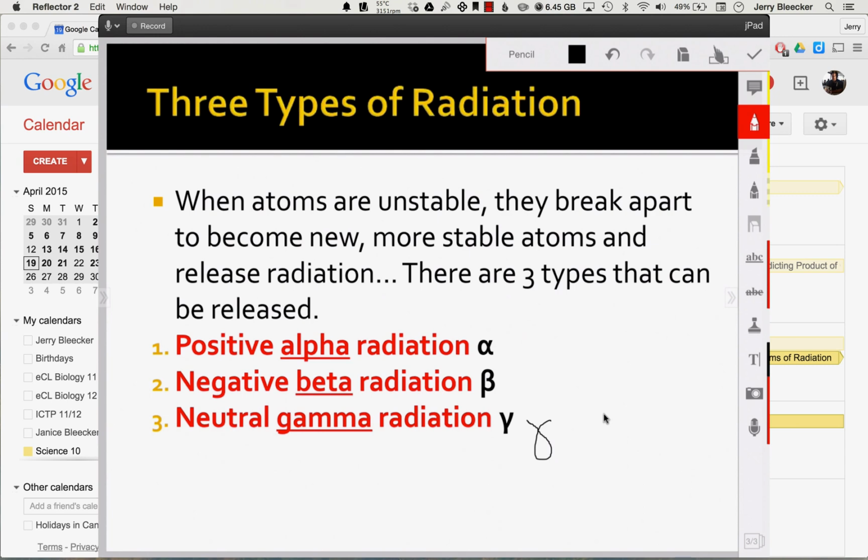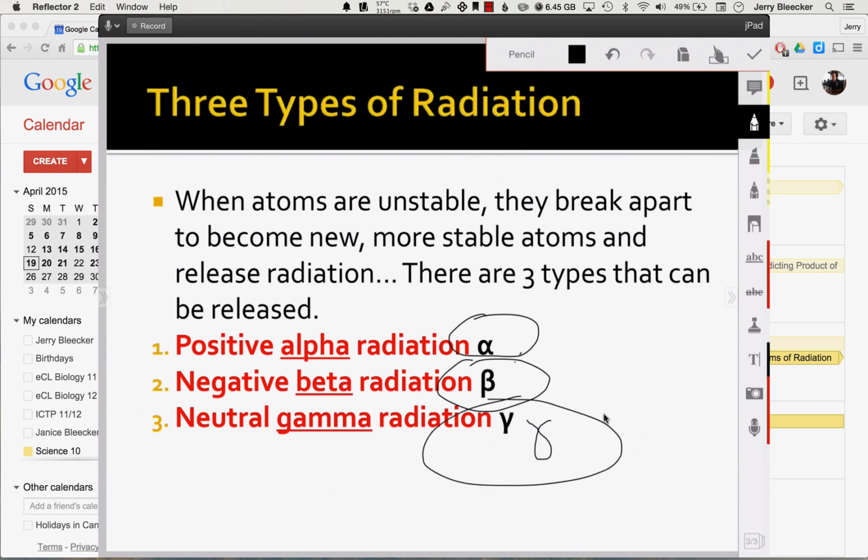So this is alpha radiation. Okay, so the first one we looked at was alpha radiation. Then we looked at beta, and this last one is entitled gamma.